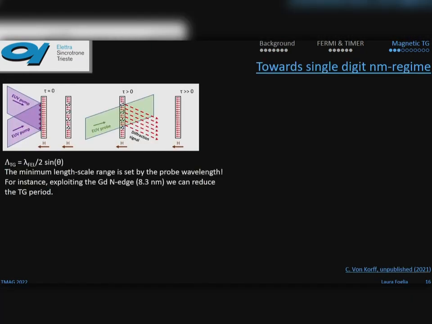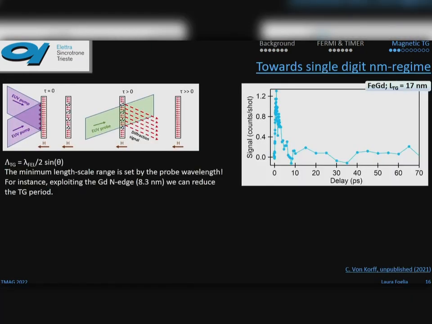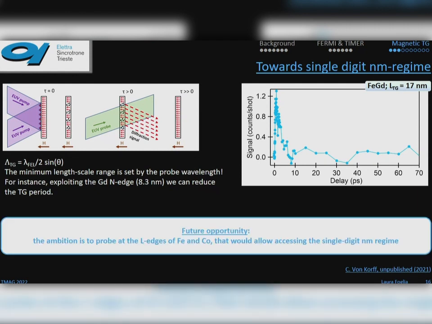Now, we can go further. This is what happens when you go to 17 nanometers periodicity by simply changing from the cobalt to the gadolinium edge and reducing the period. This is not important because we just want to get to our record. We would actually love to go into the single-digit nanometer regime by going to the iron and L edges of cobalt.